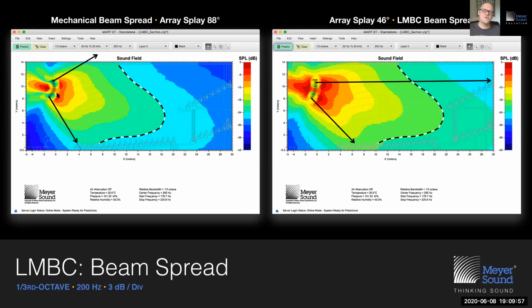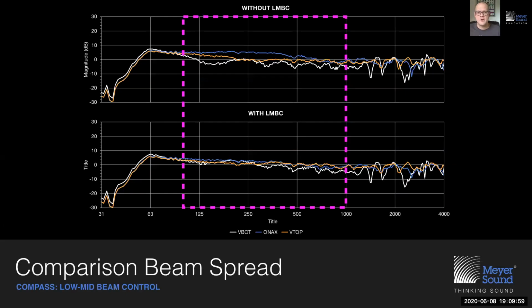What is, of course, interesting is now to compare our measurements. Because in the top, without LMBC, we see our three original measurements. White being the measurement in the first row, blue being the measurement underneath the balcony where we have this concentration of low-mid frequencies, orange being the microphone on the top of the balcony. And we clearly see that those transfer functions do not show a similar trend.